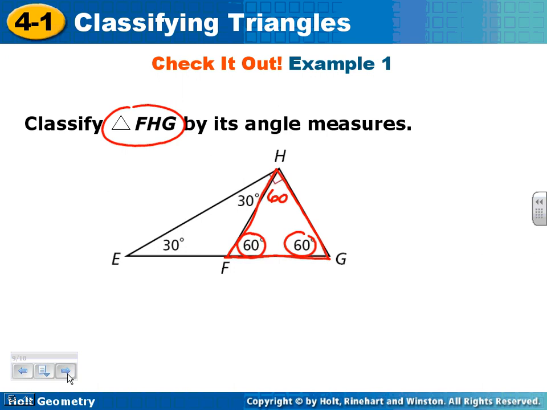So they're all three the same. So it's equiangular. They're all 60. So that is an equiangular triangle. So that's all the angle measures.